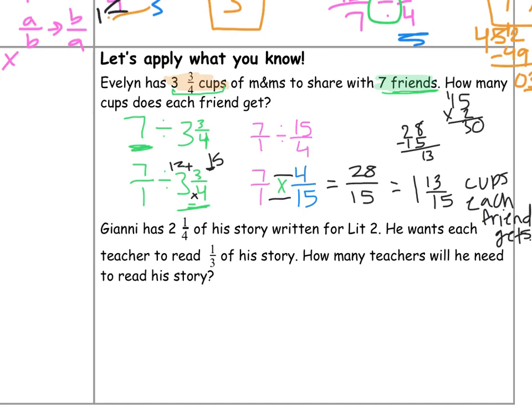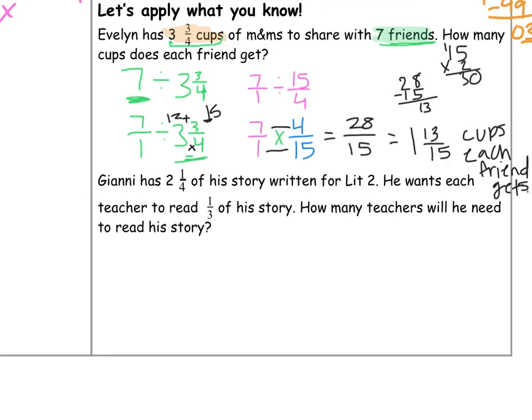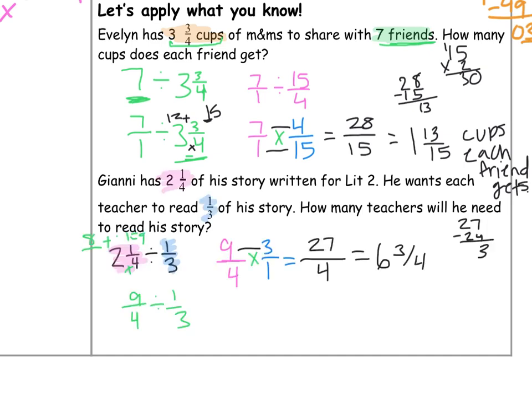Okay, let's move on to the next one. Try to solve this one by yourself and then come back. So Gianni will need 6 3/4 teachers, or 5 teachers and 1 teacher who has a little bit extra time. But don't forget to write that sentence.